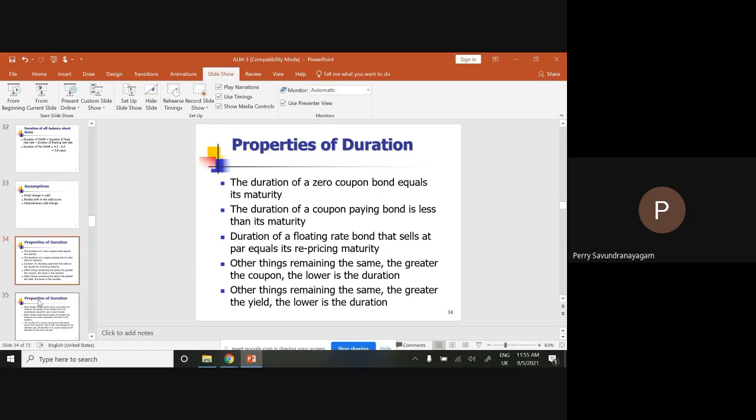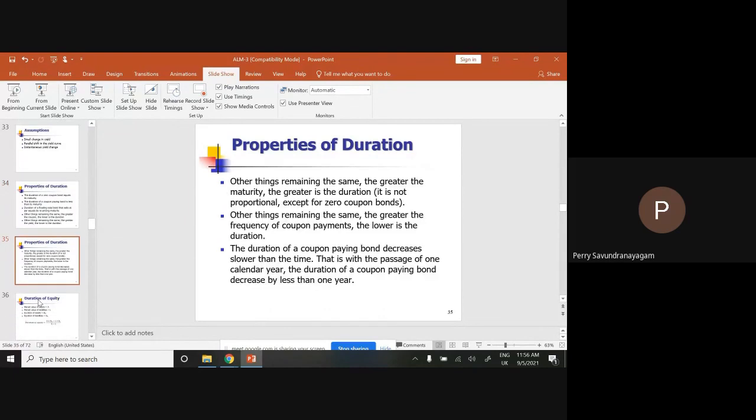That's also correct. Other things remaining the same, the greater the coupon, the lower the duration. Agreed. Other things remaining the same, the greater the yield, the lower the duration.